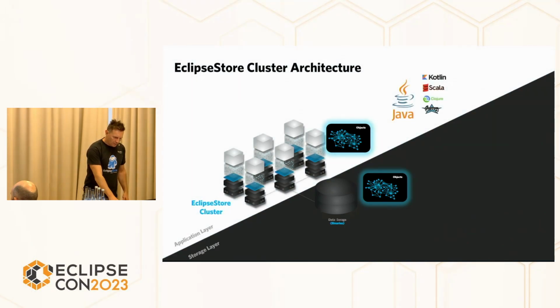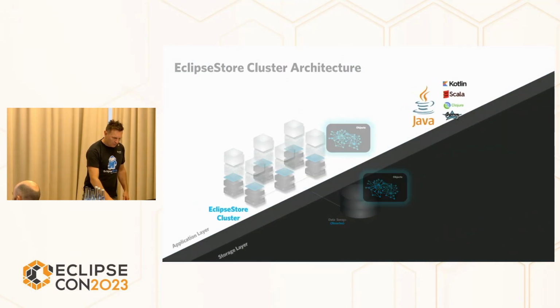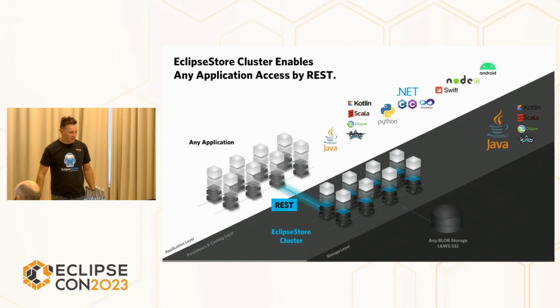And you can also run this Eclipse cluster with other programming languages. So you can run it with, let's say, stateless serverless functions and query the EclipseStore cluster by using REST or GraphQL.